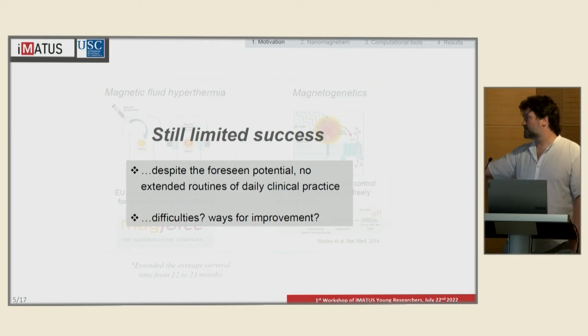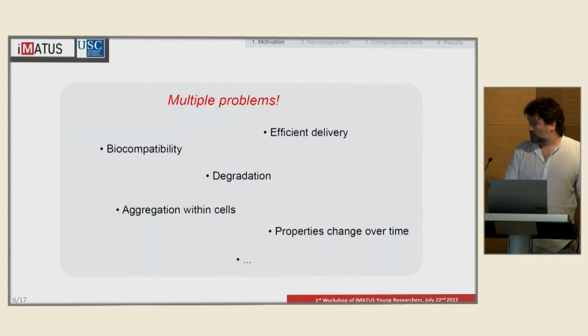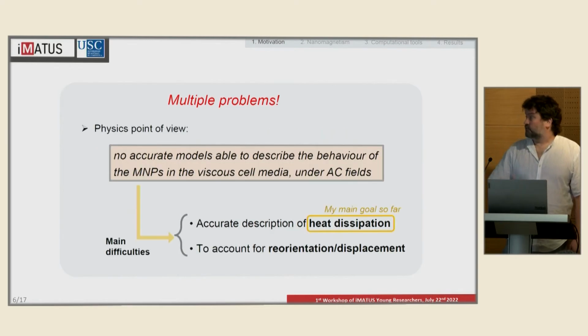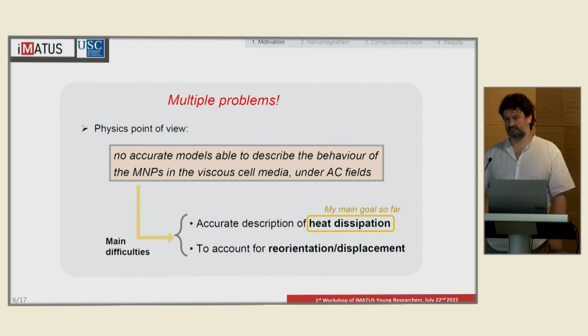Only if you go to Germany, some countries in the north. Why? Because there are multiple problems. Most of them are not related to what I do, that is just material science, it's bio. The delivery of the particles is, I guess, the biggest one. But for me, from the physics point of view, the problem is that there are no models able to describe what happens to nanoparticles if you have them in a viscous media.